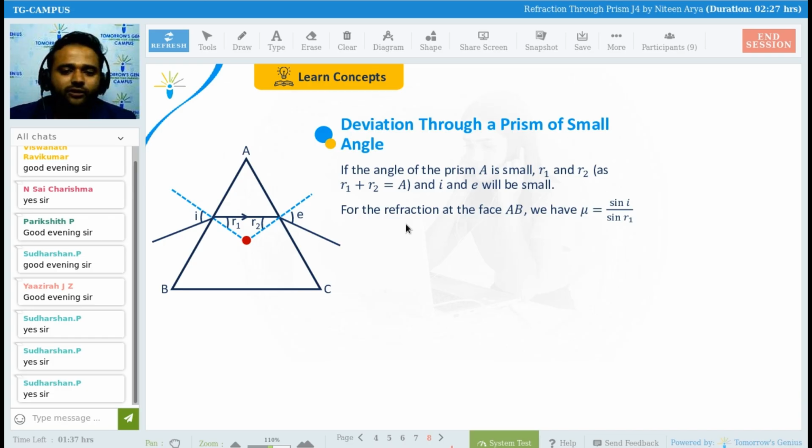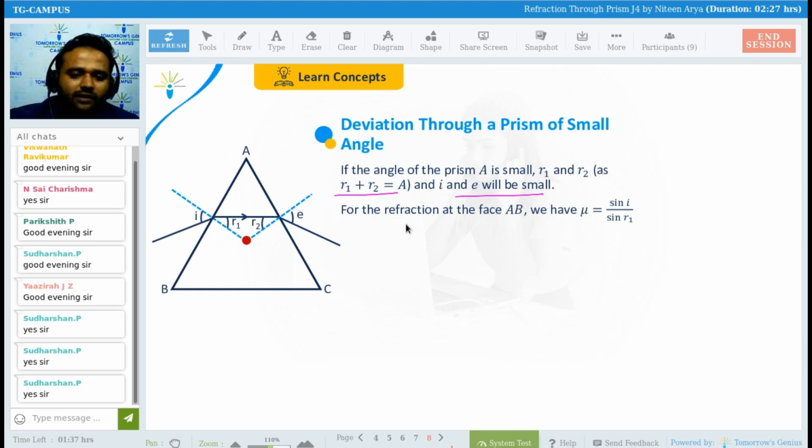Moving ahead, deviation through a prism of small angle. What is this deviation? If the angle of prism A is small, R1 plus R2 is A, and I and E will be small for the refraction at the surface AB.